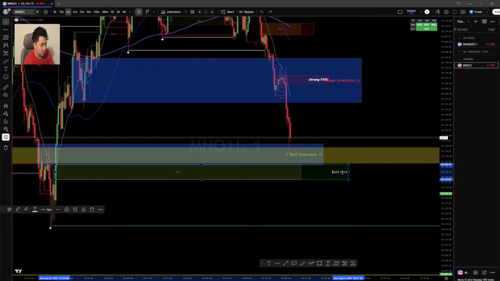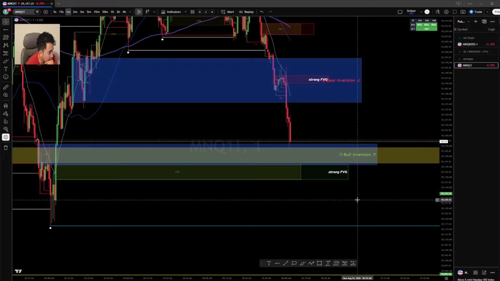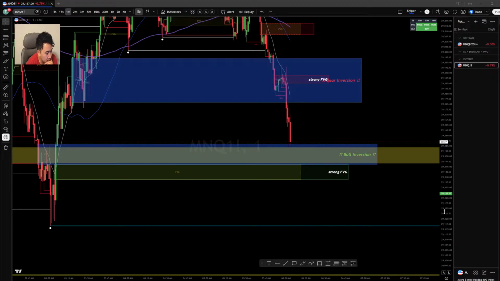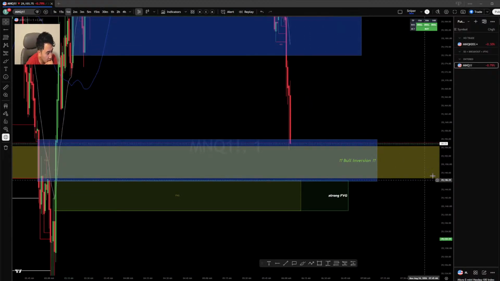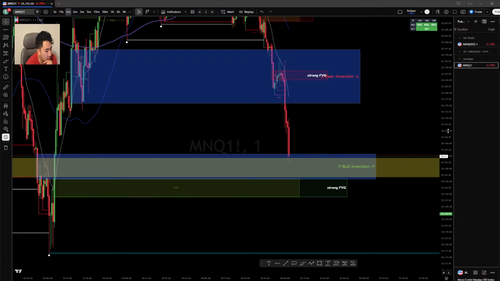This right here is a strong FVG as well, since it's connected to this bullish inversion. Anytime you have a 1 minute gap that's touching the inversion, then it's a strong gap.